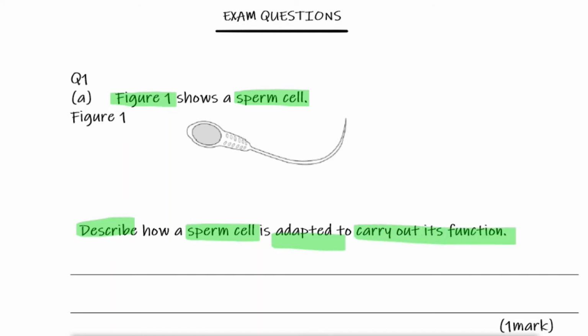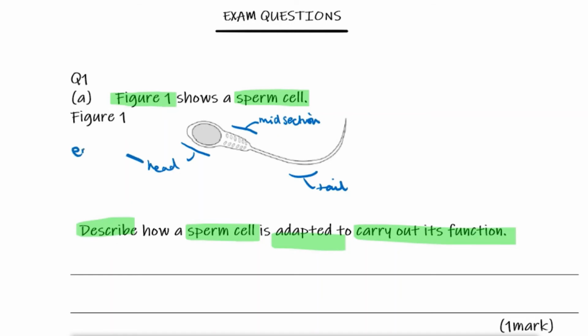So let's think about all the features of a sperm cell. It has a head, it has a midsection, and it has a tail. Now let's think further. What keywords do we remember about the head?